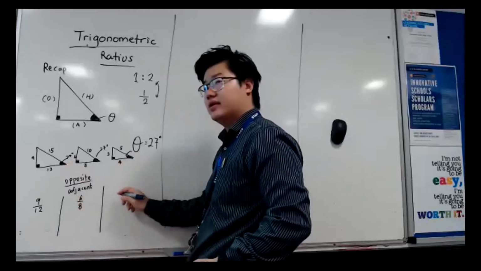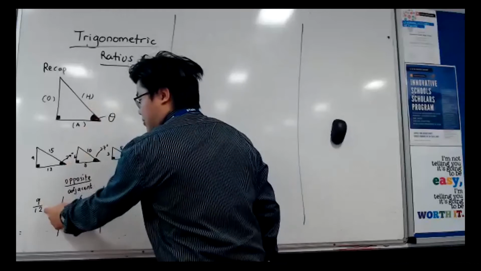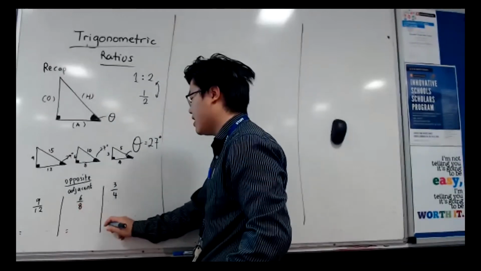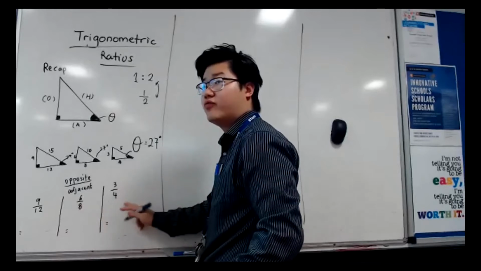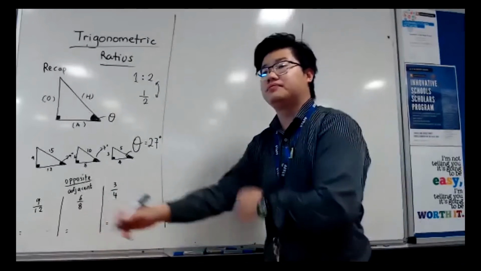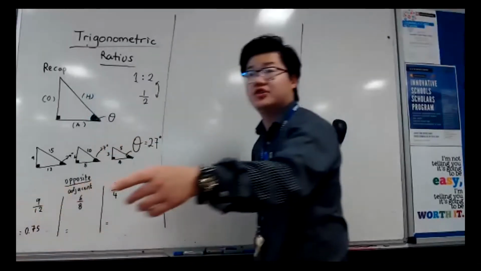And that one? 3 over 4. Now, press your calculators. 9 divided by 12, how much is that? 6 divided by 8? And 3 divided by 4? The decimal is 0.75.